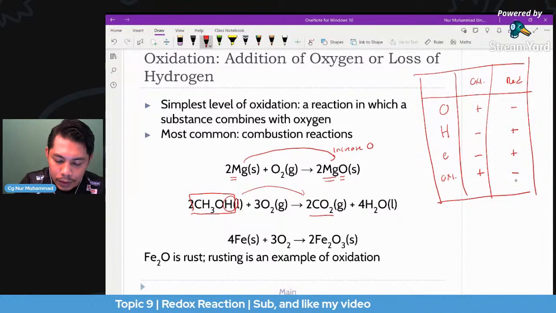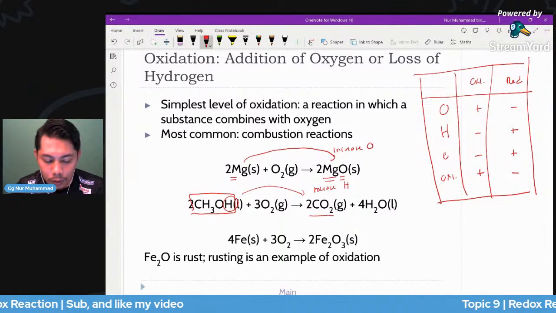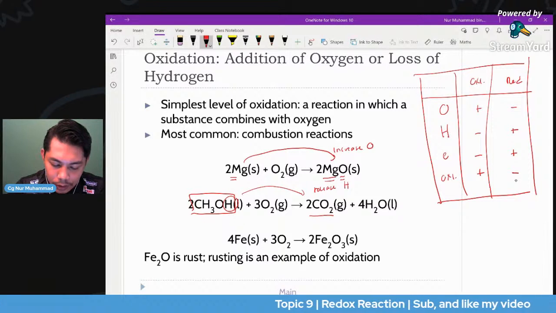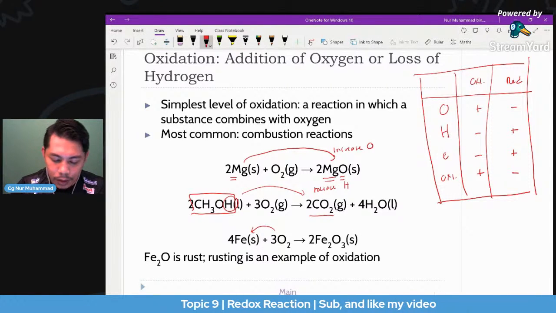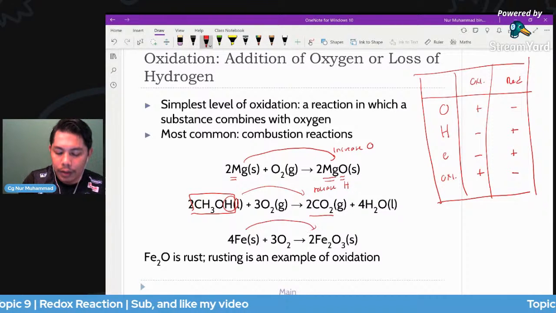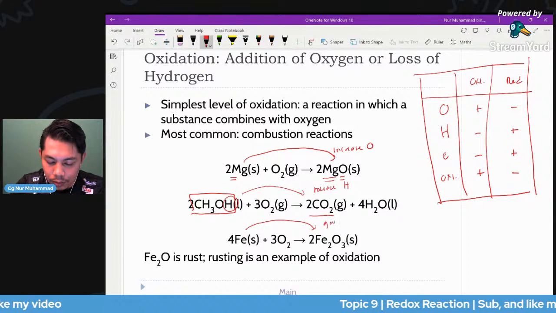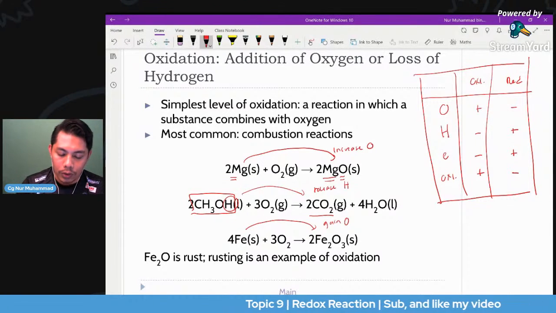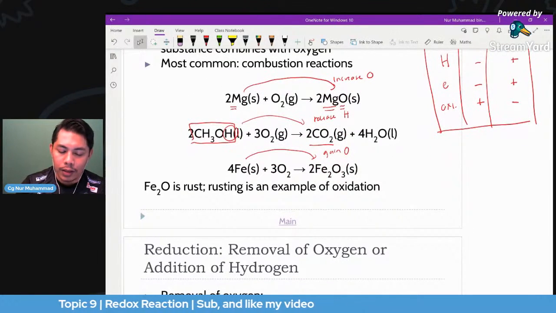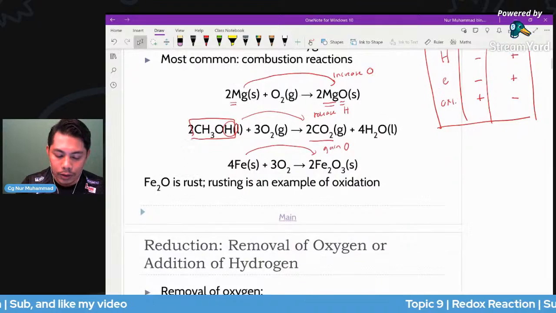Nampak, release ataupun loss hydrogen. So oxidation. Okay, iron gain oxygen. Gain oxygen from iron now become iron oxide. So gain oxygen, so oxidation. So either one lah, lost hydrogen or gain oxygen.